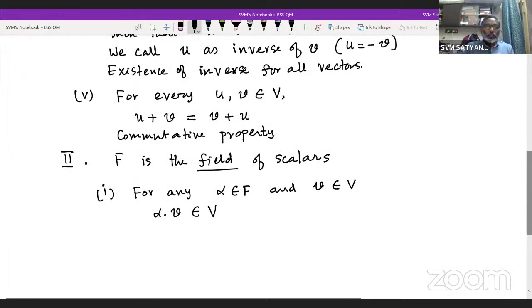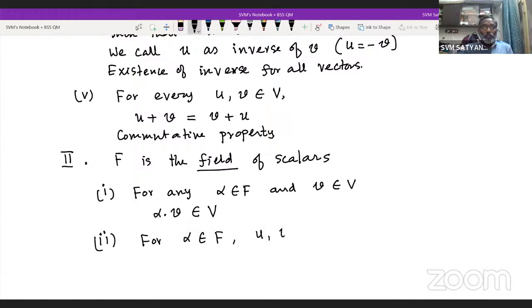Second is that for alpha in F and u, v in V, alpha times (u plus v) is equal to alpha times u plus alpha times v.